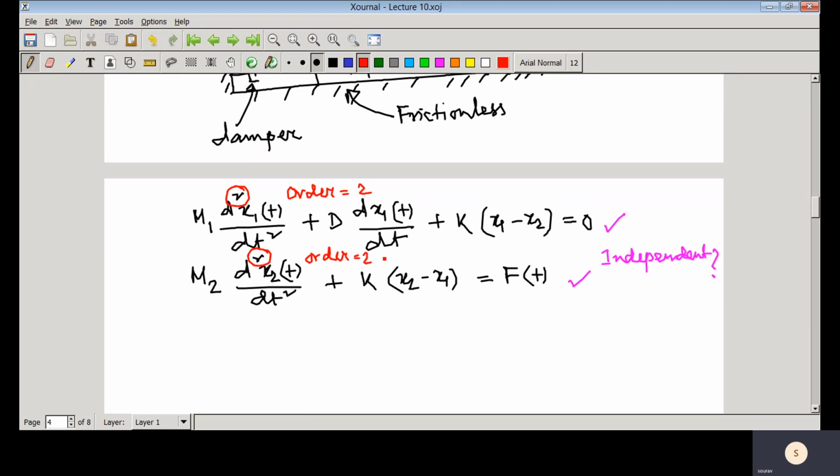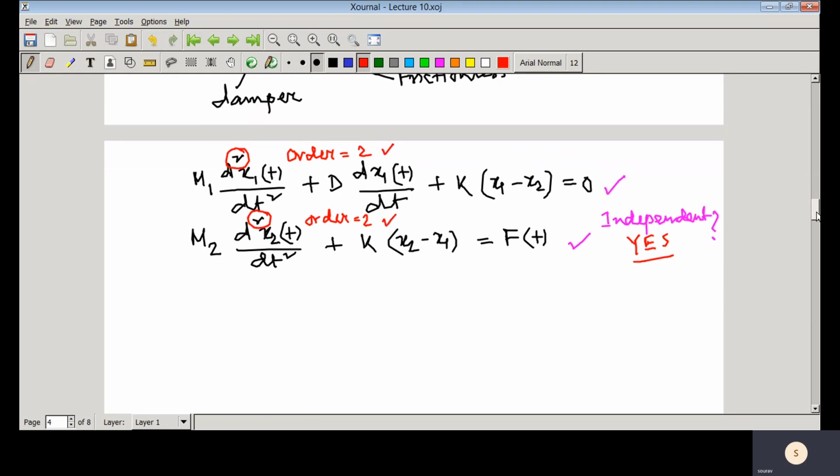So whenever you have more than one differential equation describing the dynamical system, the first step is to see whether the differential equations are independent or not. If independent, then just look at the order of the differential equations. So here you have 2, here you have 2.